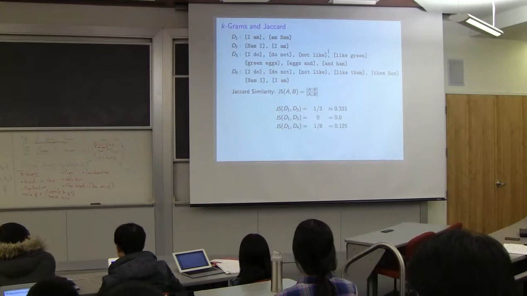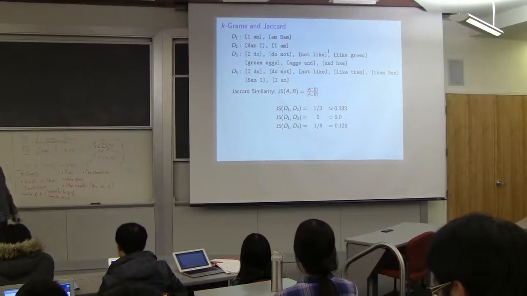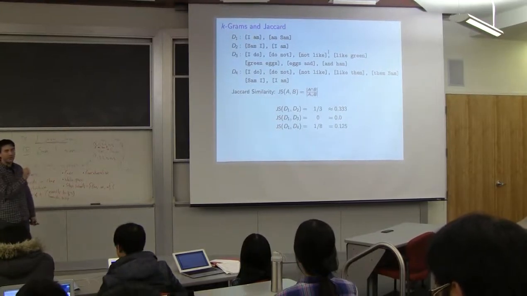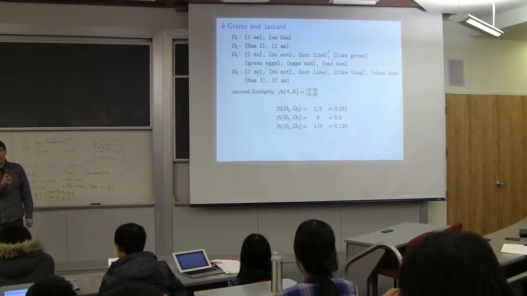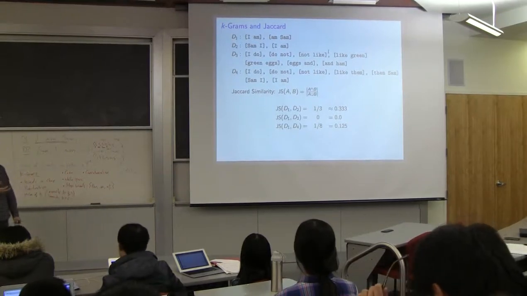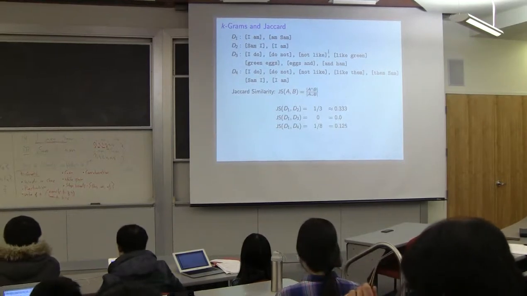Everything else is different. Documents 1 and 2 also only had one thing in common, the "I am", but they were much shorter, so that comprised a larger fraction of the set.